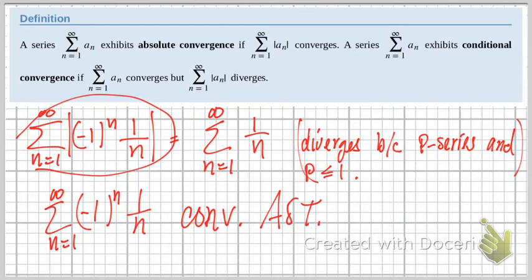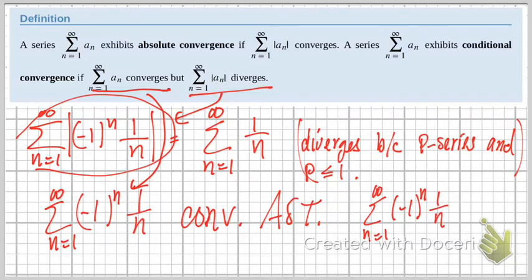So this series converges, and that's the original, and the other one here diverges. So that essentially tells us that the series n equals 1 to infinity of negative 1 to the n, 1 over n, has conditional convergence by definition. Okay, so that's just one way I can show you how this definition actually works for us here.